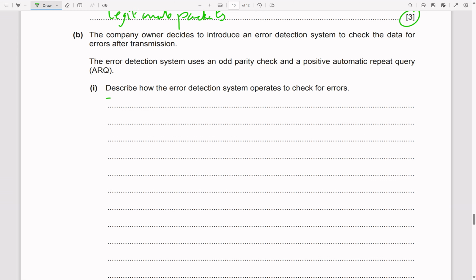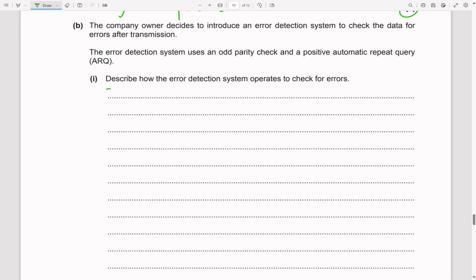So, what we can do then, let's say the sender calculates odd parity, let's say OP, by counting the number of ones in, let's say, the original data.